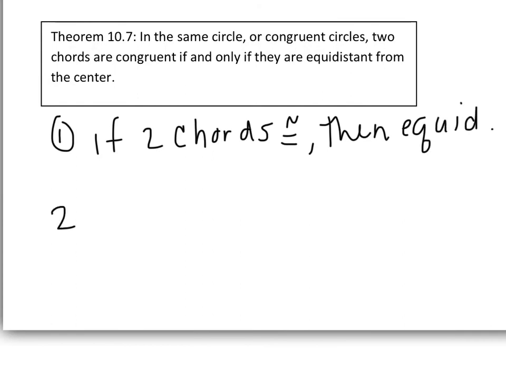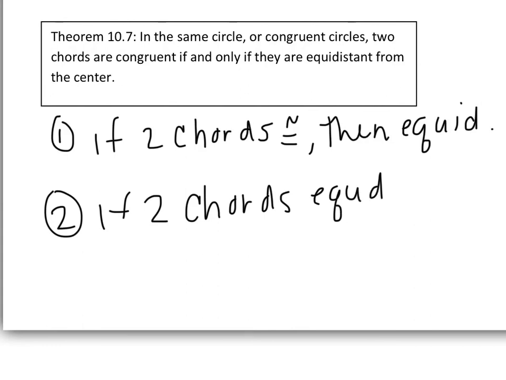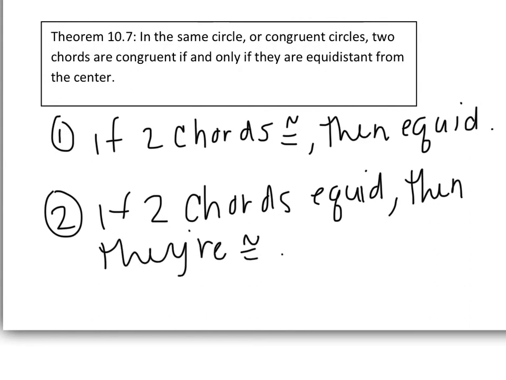And the second statement is the converse. If two chords are equidistant from the center, then you know that they're congruent. So you get both of these statements from this one theorem because of the if and only if.